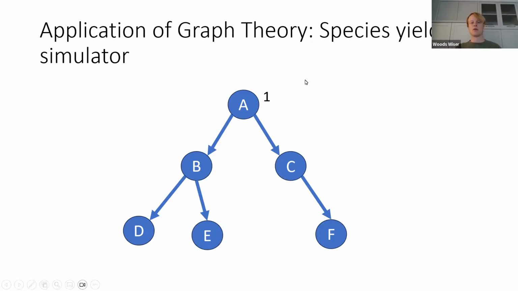So we start with 1 mole of A, we get a half mole of B, a half mole of C. That C reacts fully to form F, so we have a half mole of F, and we have a quarter of both D and E, because again, they're split evenly.